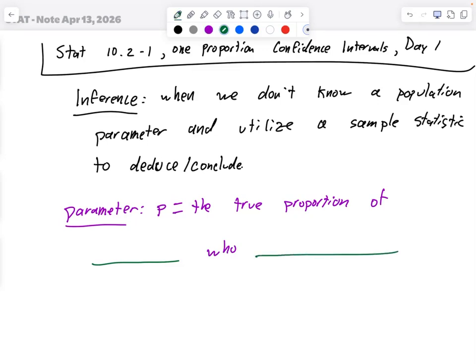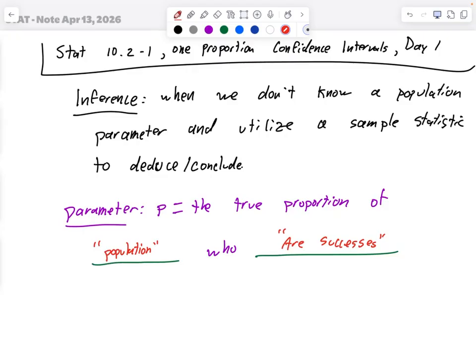The first blank is whatever population we are interested in: the true proportion of fish who are successes, who have 3 fins.